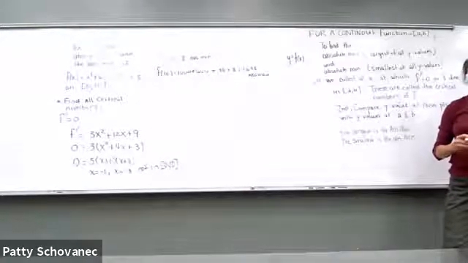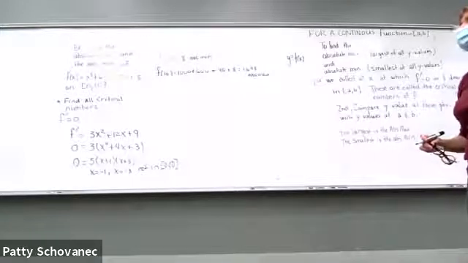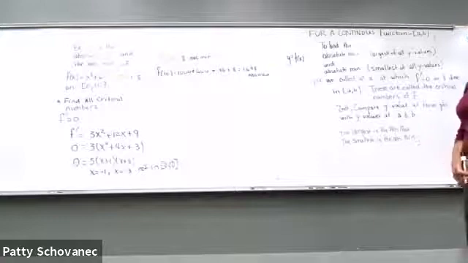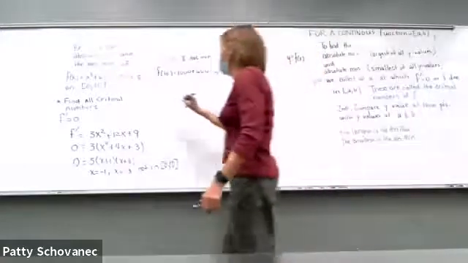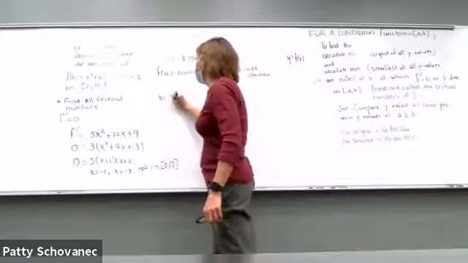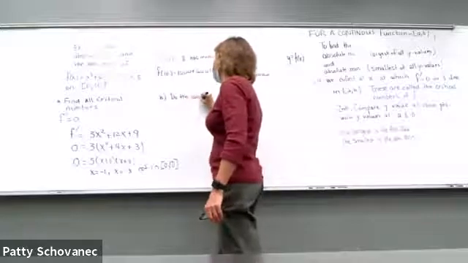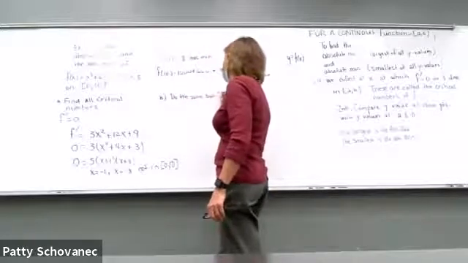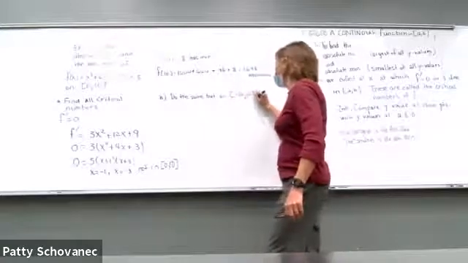So now let me change the instructions. I want you to determine the absolute max and min of this thing on the interval, say, from -10 to 0. So part B, do the same, but on the interval from -10 to 0.